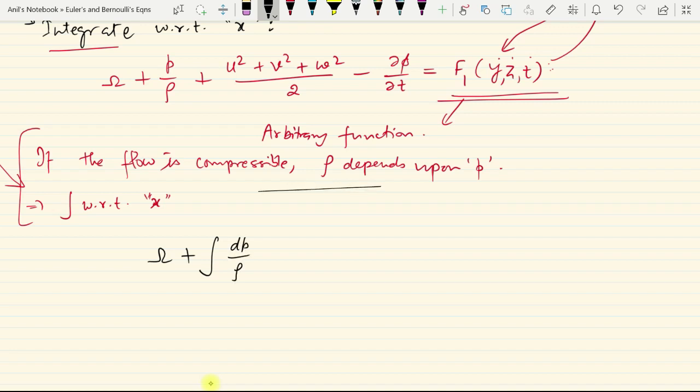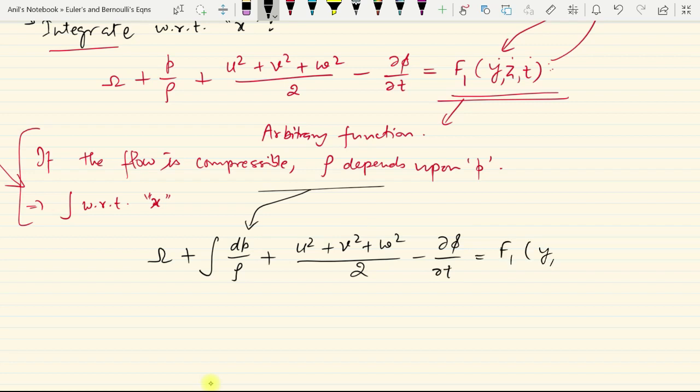This is due to the fact that p affects rho, plus u square plus v square plus w square by 2 minus del phi by del t is equal to a function of y, z and t. T is time here.